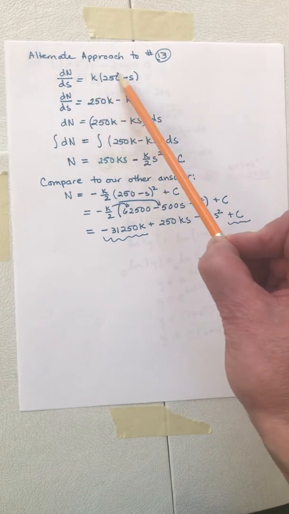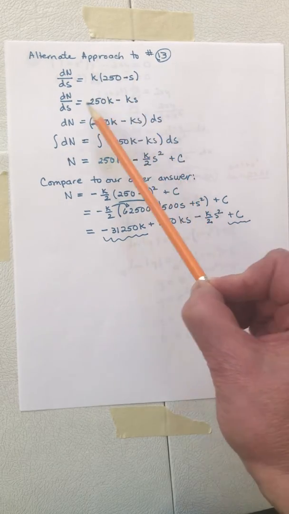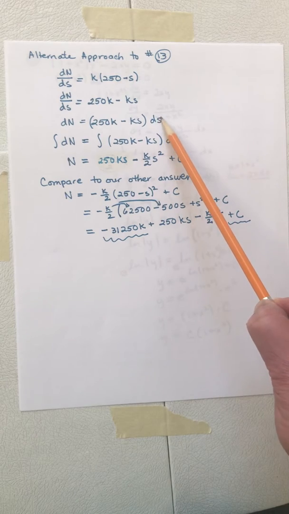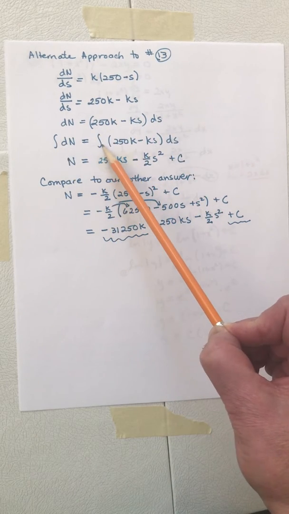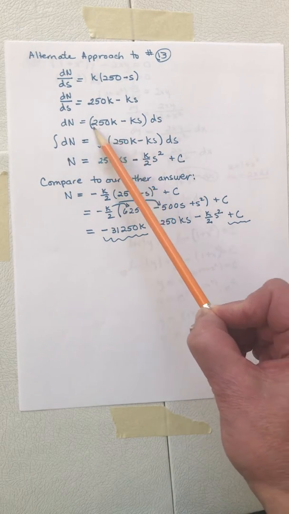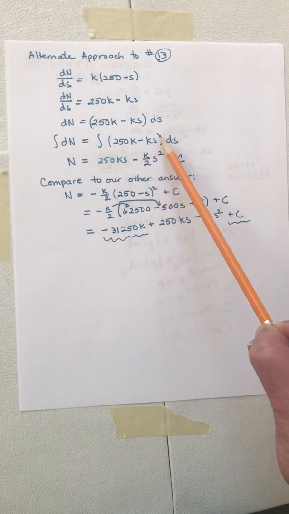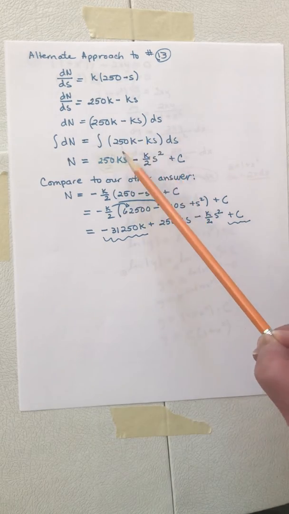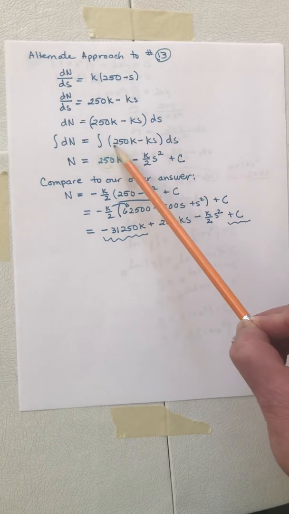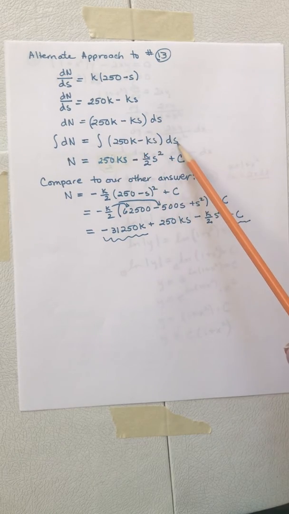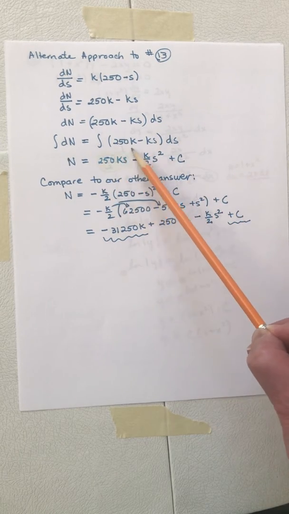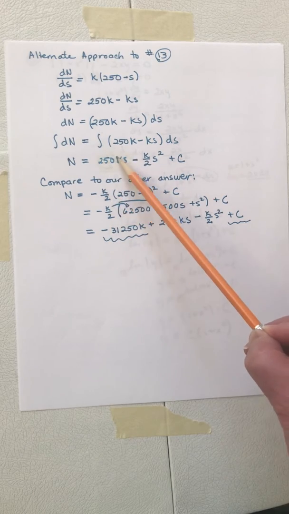We're going to distribute the k this time, and we're going to multiply by our ds, and now we're going to integrate both sides. So what we have here is 250k minus ks that we're integrating. If you integrate 250k with respect to s, you get 250ks, because 250k represents a number. Ooh, almost forgot.